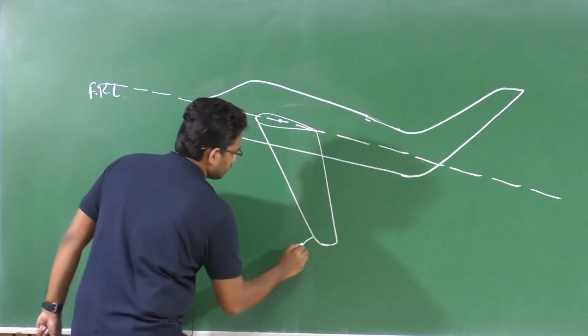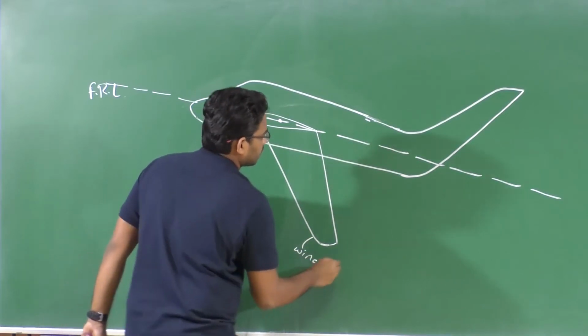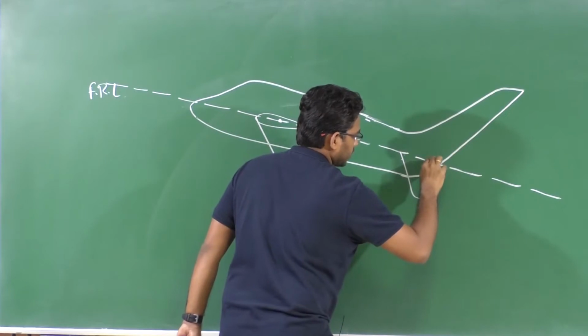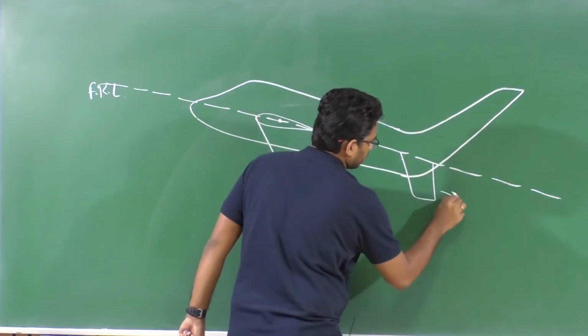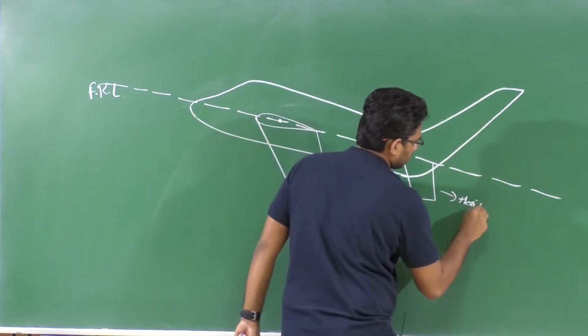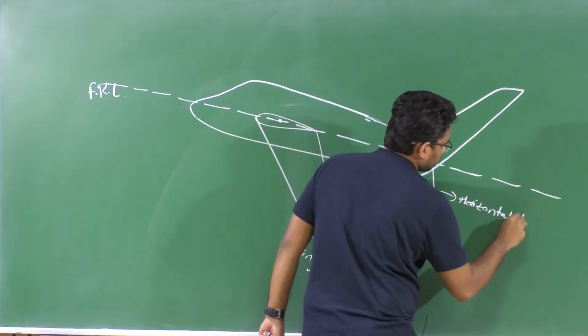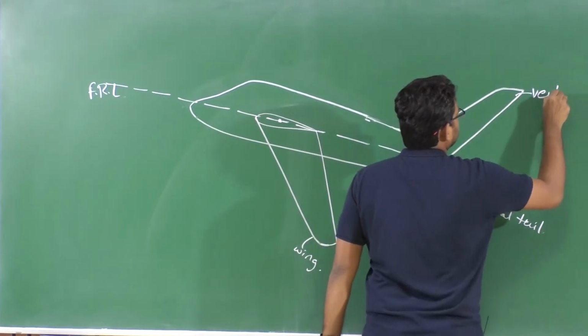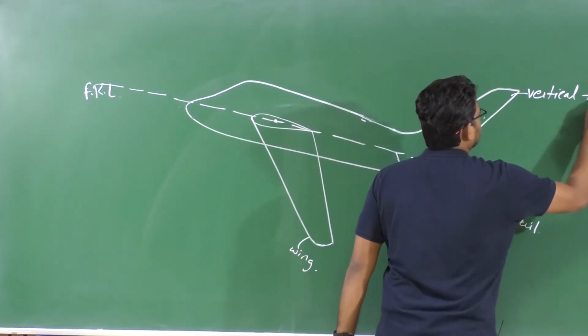Say we have wing, right, and a horizontal tail, and a vertical tail, right.